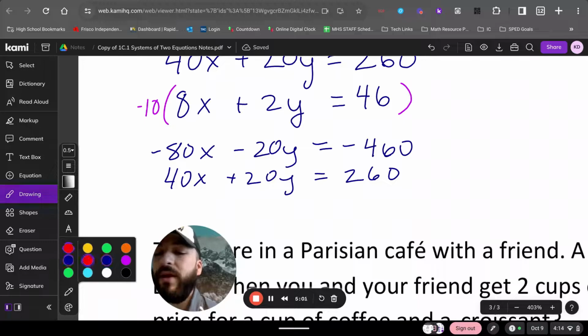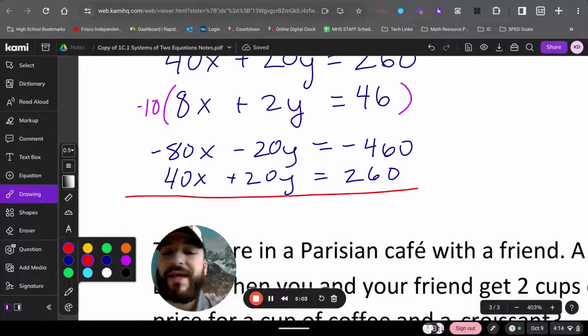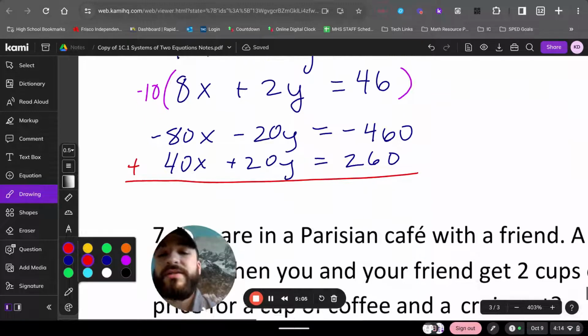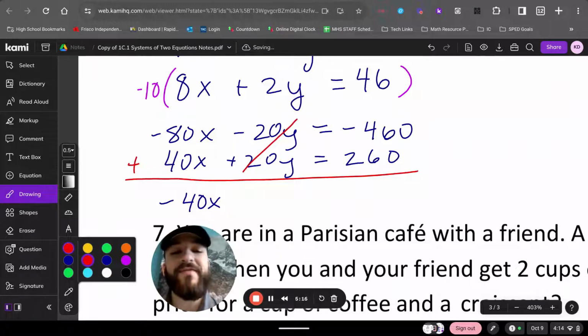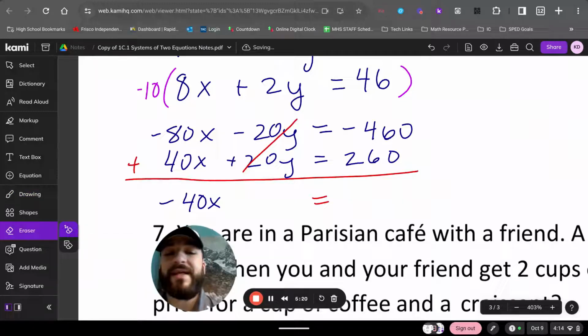And then from here, I can take my 2 equations and I can add them together. So -80 plus 40 is going to give me -40x. -20y plus 20y, that's going to cancel out. And -460 plus 260, that is going to give me -200.